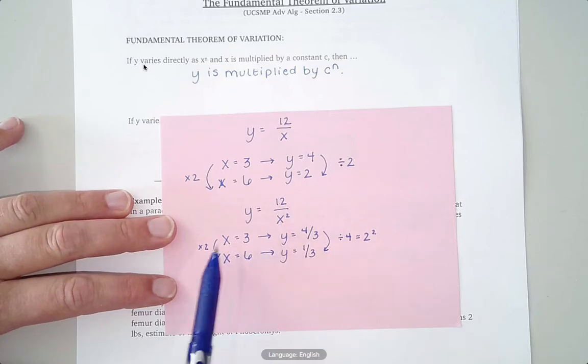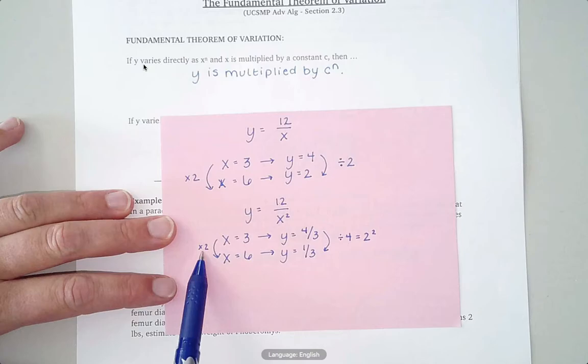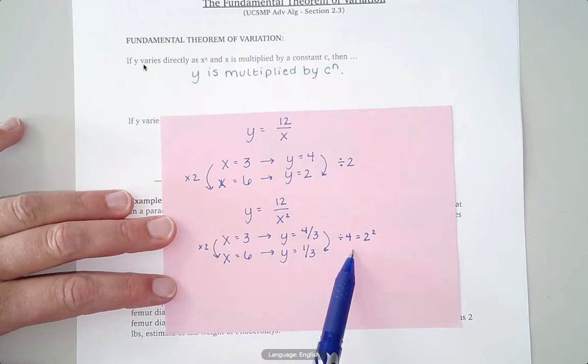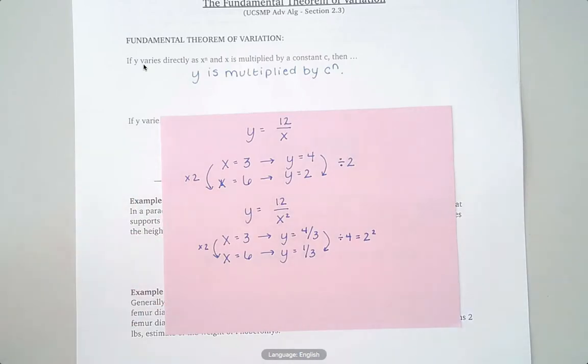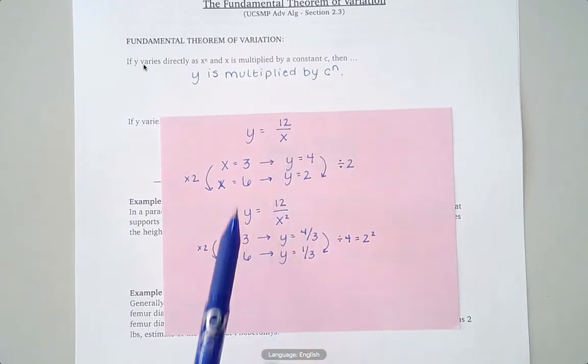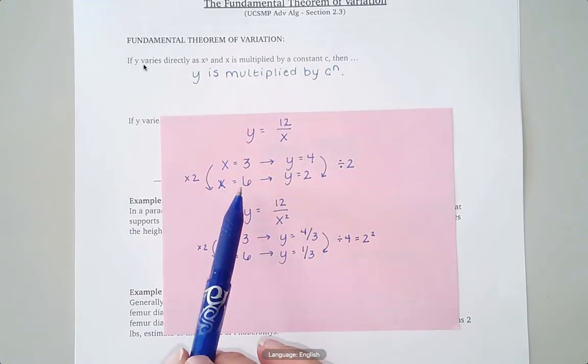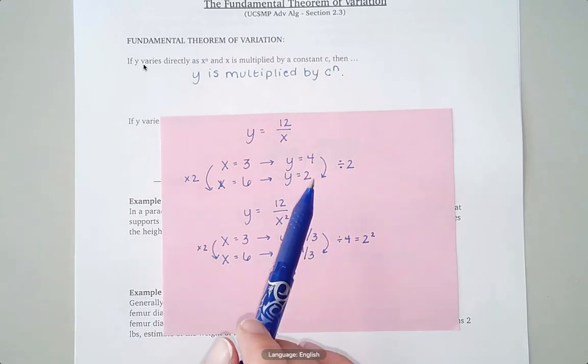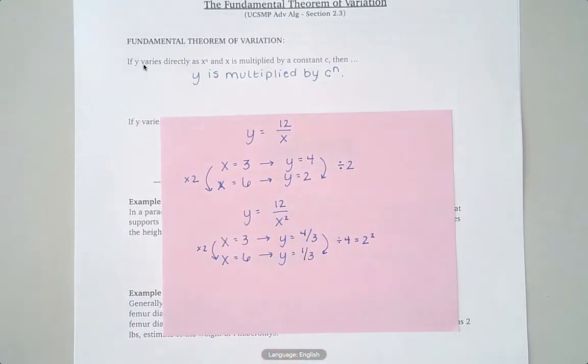Okay, but the big thing to notice with inverse variation is that when you multiply on one side, you end up dividing on the other. Now I'm not talking about solving the equation for k. I'm not talking about like when we multiply here to cancel things out. I'm talking about the relationship between the x's and the y's. So when I do something to the x's, what happens to the y values?